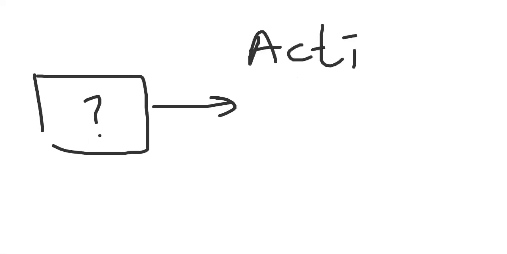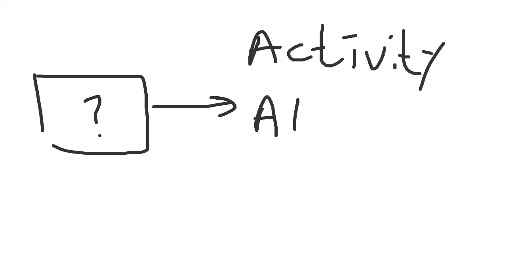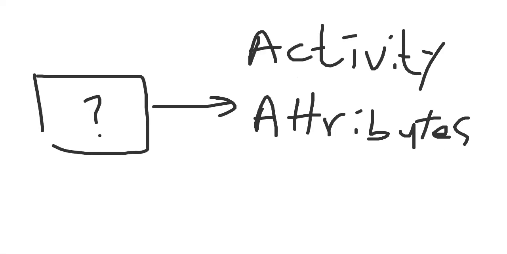The next output I have for you, activity attributes. Activity attributes is an output of which process? 5, 4, 3, 2, and 1.